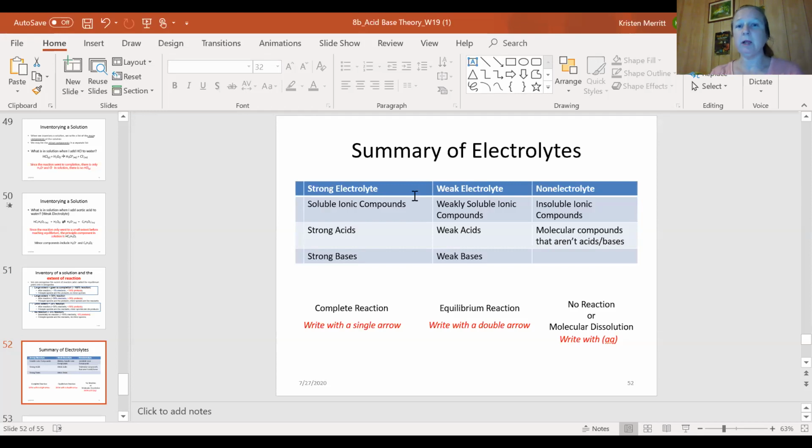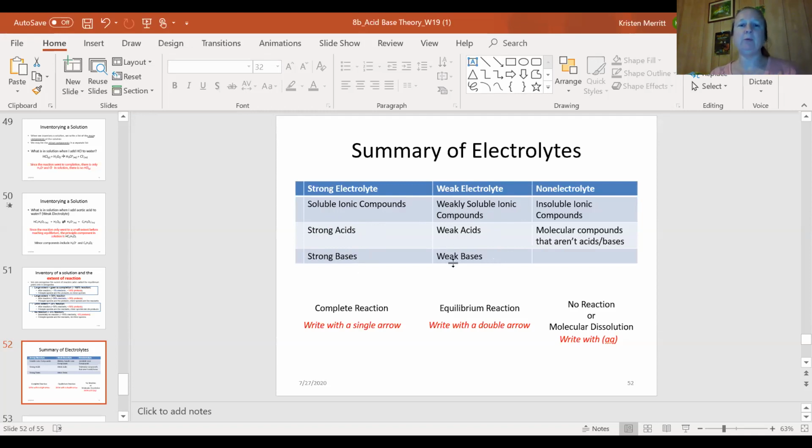So our soluble ionic compounds are strong electrolytes because they completely dissociate into their constituent ions. Strong acids and strong bases react with water and are completely ionized. Weak electrolytes, we're not dealing with weakly soluble ionic compounds, but if you do, they just dissolve a little bit.